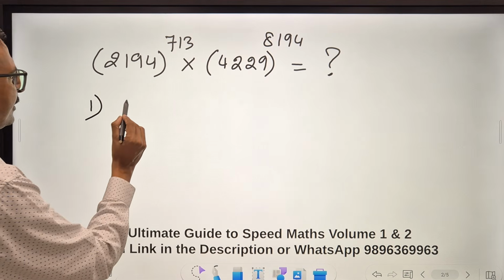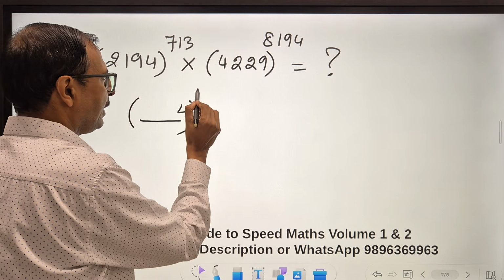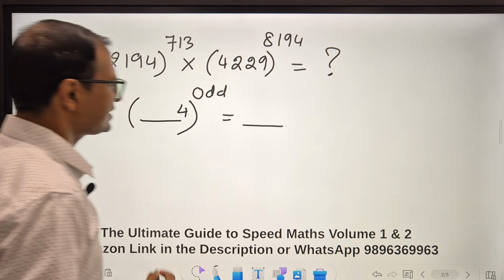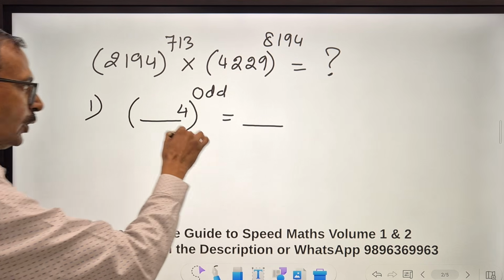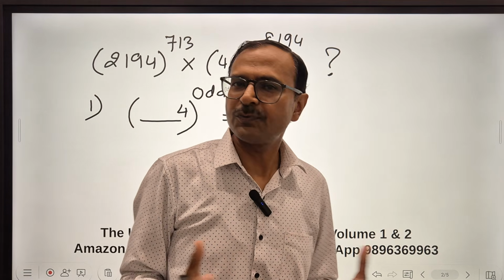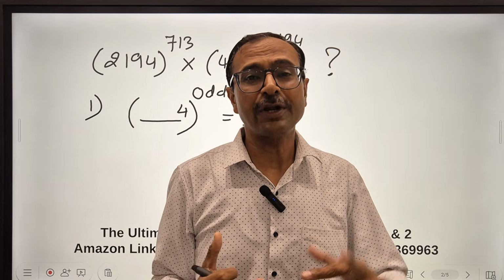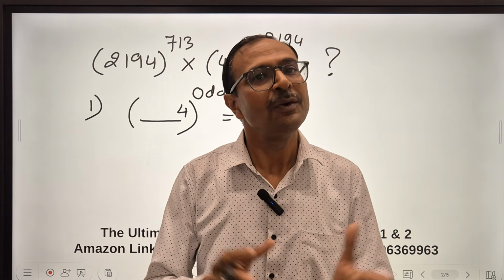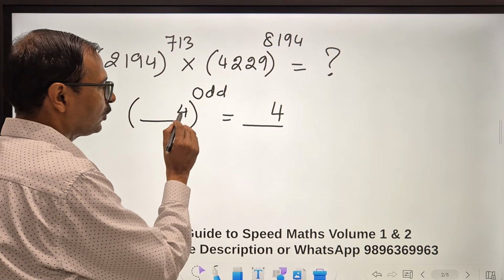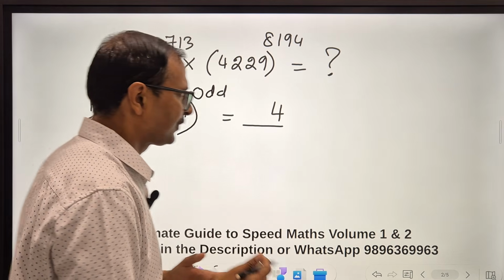Whenever you have a number ending in 4 in the base and the power is odd, then the unit digit of this expression is going to be 4 only. Like 4 raised to power 1 is 4, 4 raised to power 3 is 64, which again ends in 4, 4 raised to power 5 will again end in 4 only. So whenever the base has unit digit 4 and the power is odd, unit digit will always be 4.